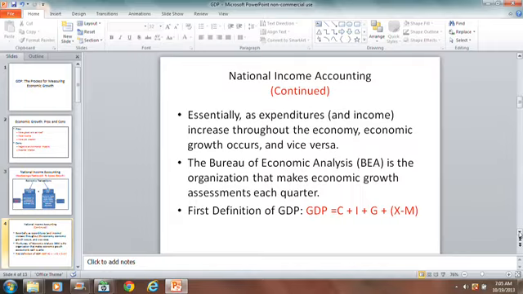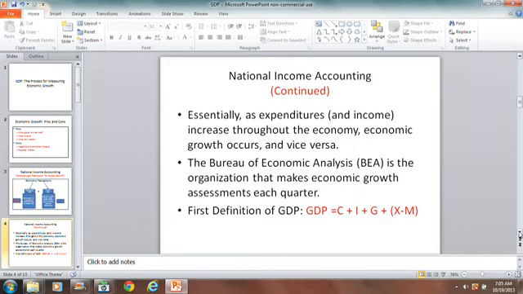They are a subgroup within the Department of Commerce, and one of their charges is to measure economic growth or shrinkage in our economy. And they do this each quarter. So every 3 months they check to make sure that our economy is growing healthy.